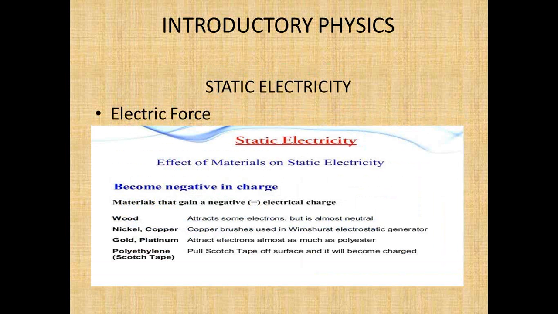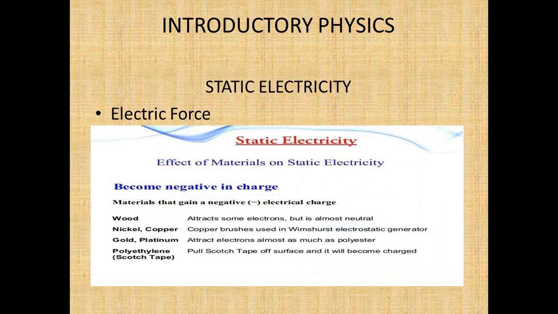You can create a negative charge by moving electrons from one object to another object. We know that wood attracts some electrons, so you can create a negative charge on the wood.